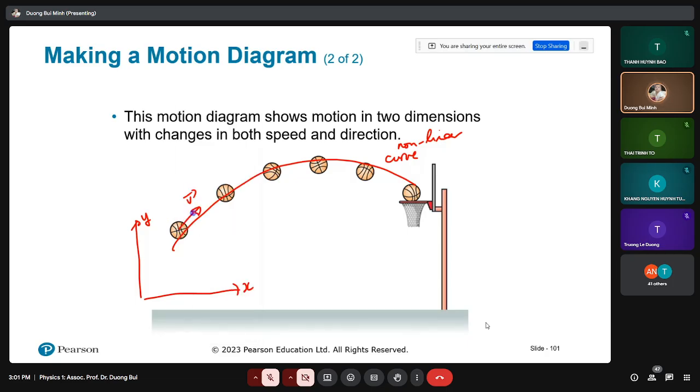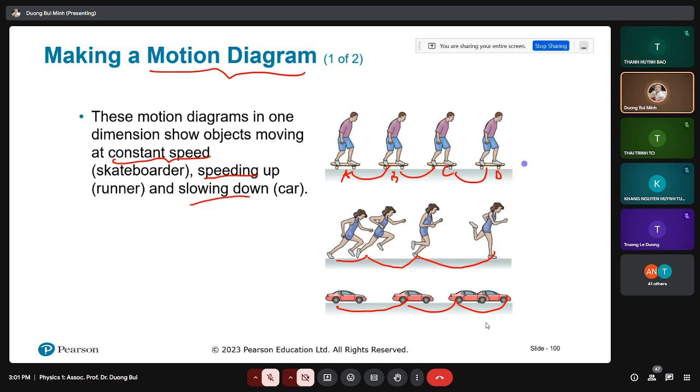This is v, and then you can get vx and vy. So this motion diagram shows motion in 2 dimensions because the curve is non-linear. If we look at this one, the curve is linear, so we just follow the x-axis direction.